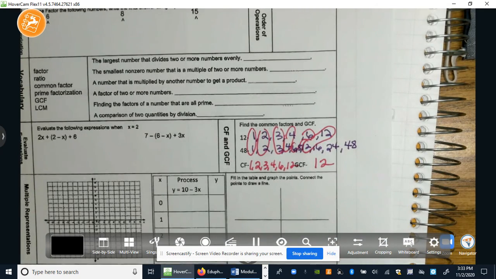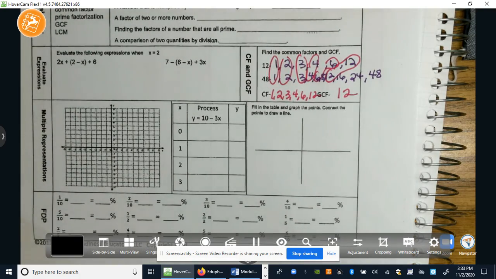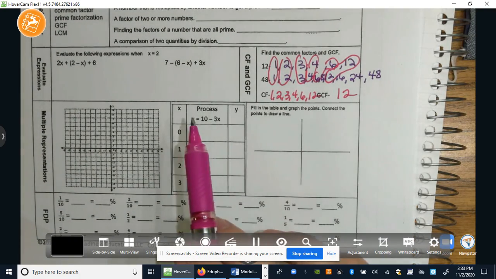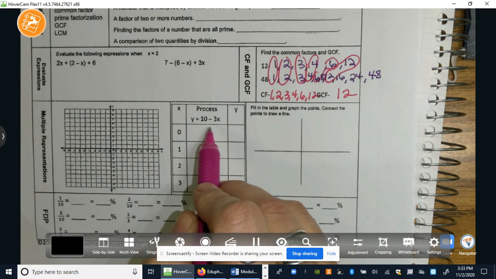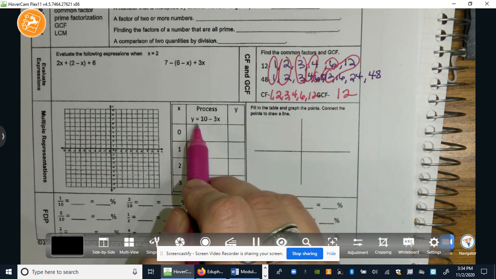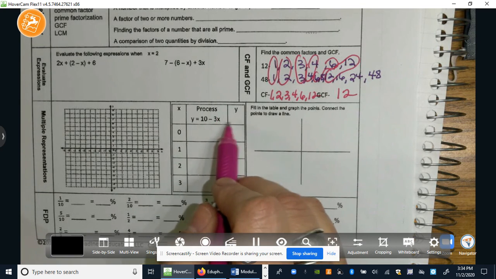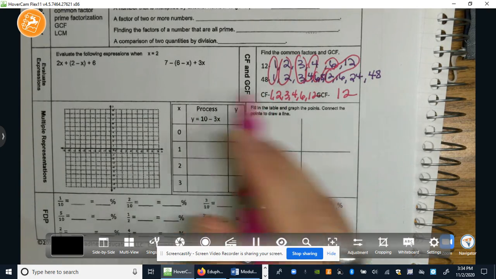Okay, I want to look down at the multiple representation box, because the process is a little different than what we're used to. It says y equals 10 minus 3x. Normally we've been seeing the variable in the front. Now we see the variable in the back. But it's fine, because all we have to do is plug our number in and solve it.